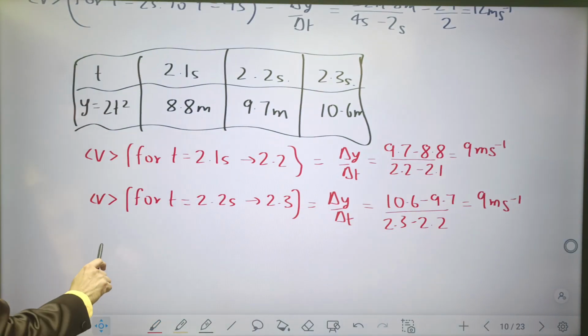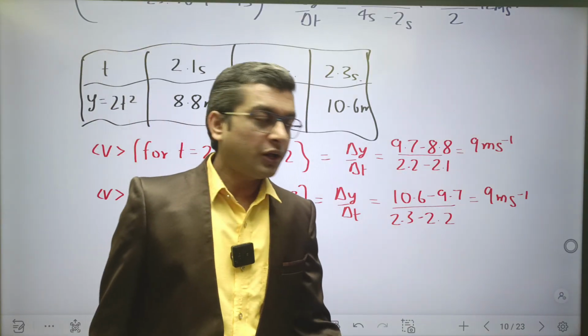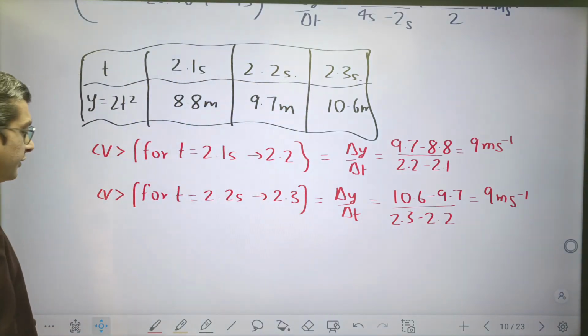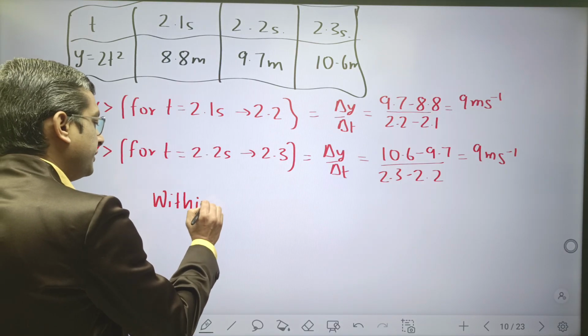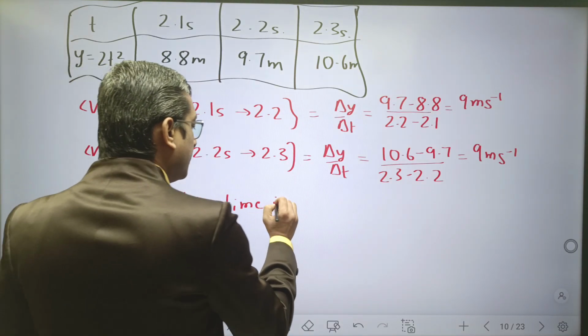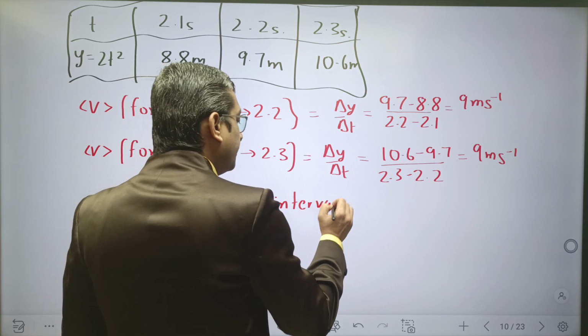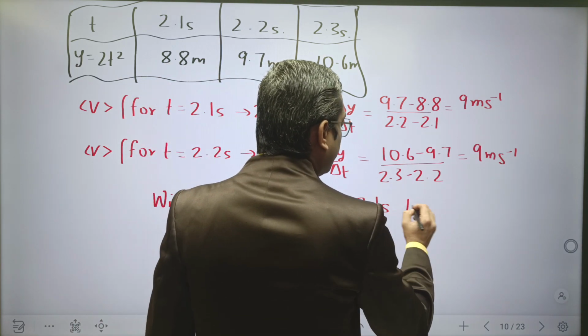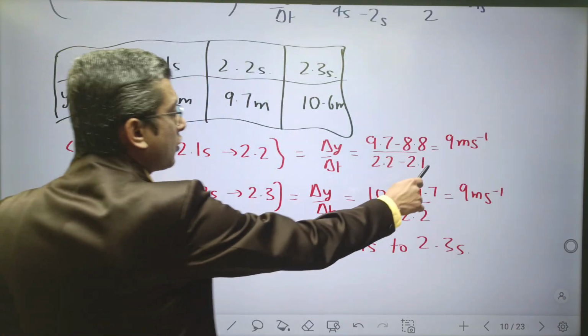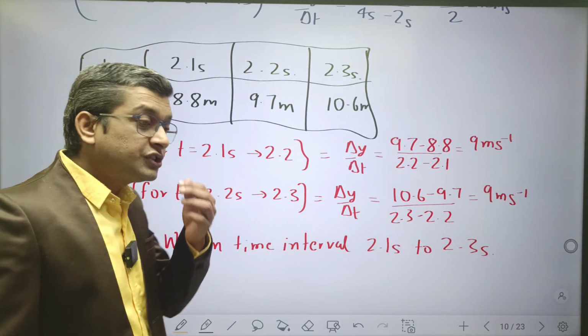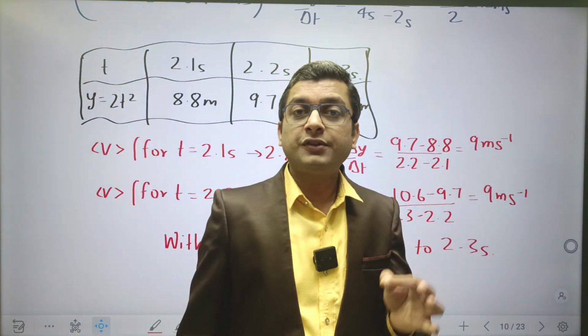Now, listen carefully to what I am going to say. Within time interval 2.1 second to 2.3 second, the velocity of the object is constant, that is 9 meter per second.